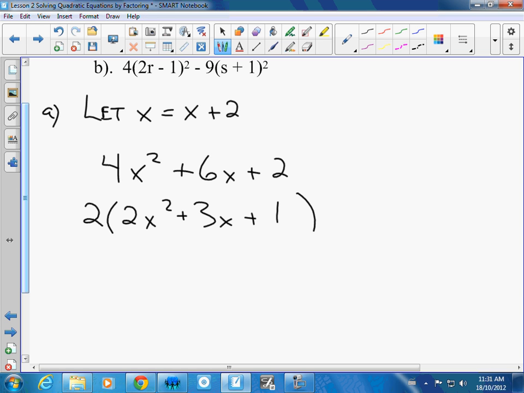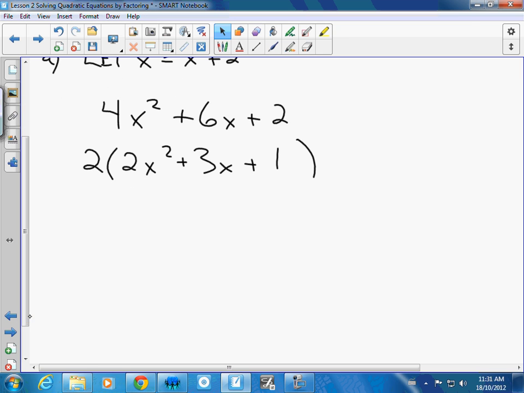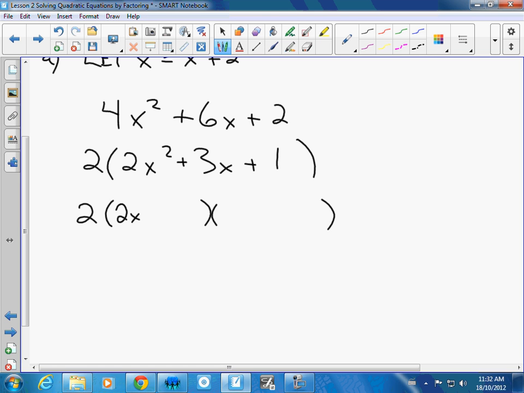Okay, so let's factor this guy. I wonder if this one works. You're going to factor it into 2 binomials. Now this is different because now we actually have a coefficient in front of that x squared. Big deal. What are the only 2 factors of 2x squared? 2x and x. It's the only 2 factors of 2x squared. Oh my goodness, we have a 1.